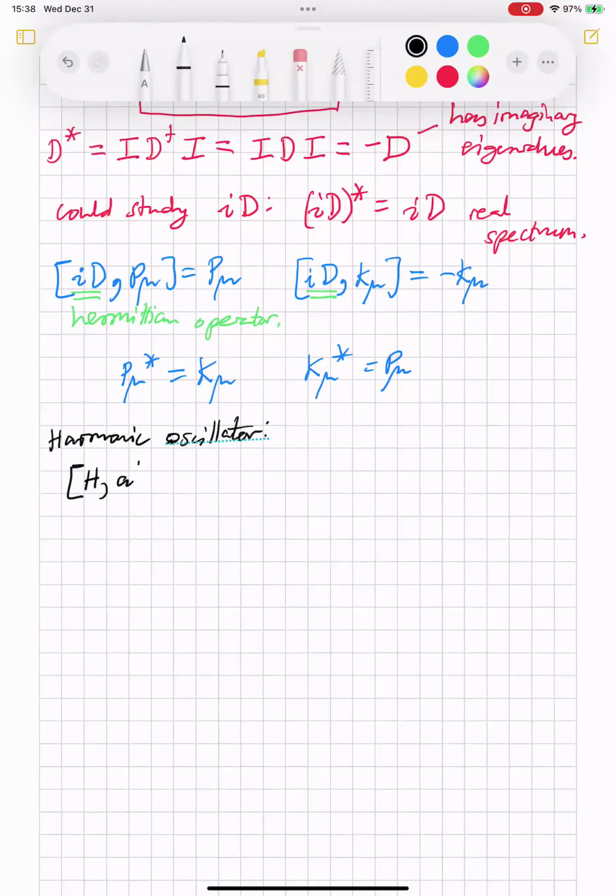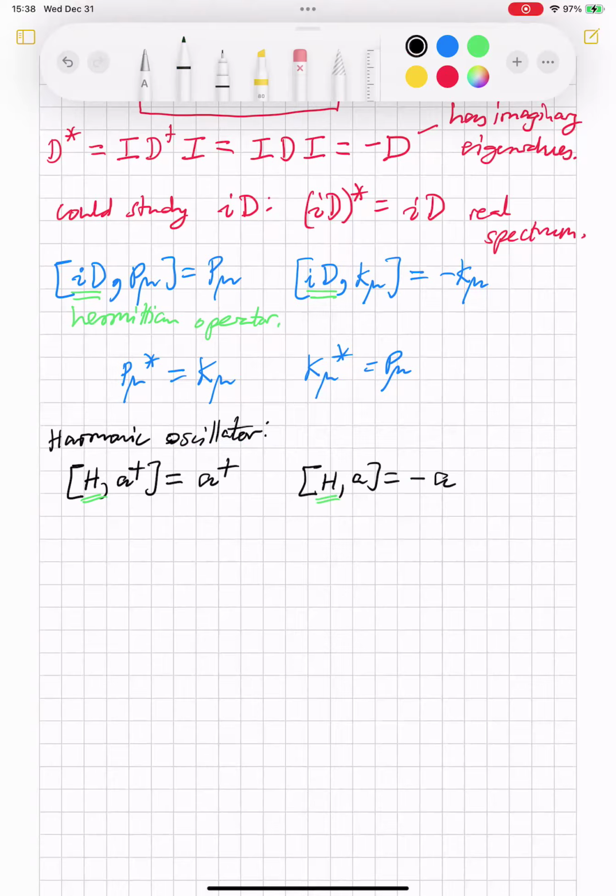And what was important is that the commutator of the Hamiltonian with the creation operator was a dagger, and the commutator of the Hamiltonian with the annihilation operator was minus a. H was Hermitian, and it was the thing whose spectrum you were trying to figure out.